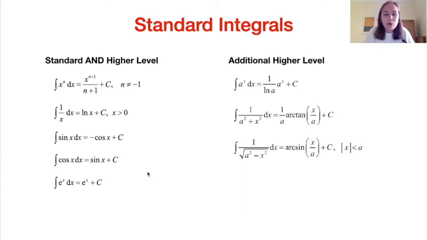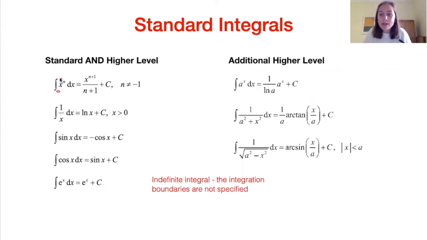One thing I want to point out here is this C. Whenever we have something called an indefinite integral, where the integration boundaries are not specified, by integration boundaries, we mean that there's no number above or below the integral telling us between which points to integrate.